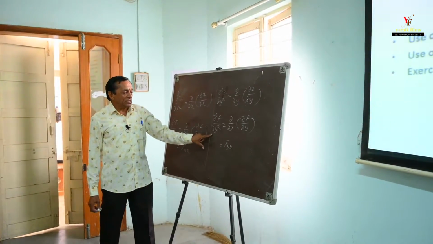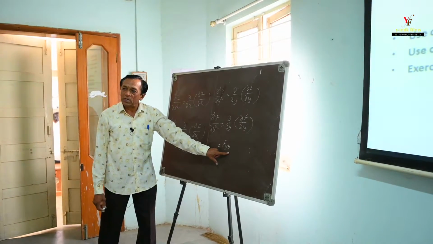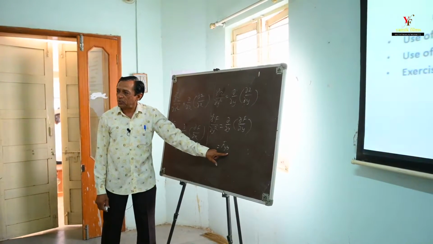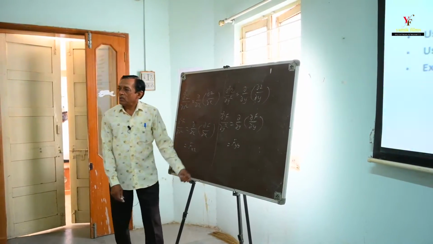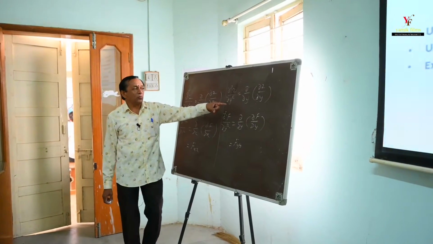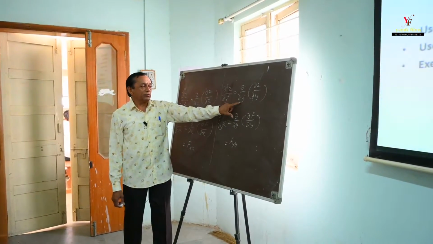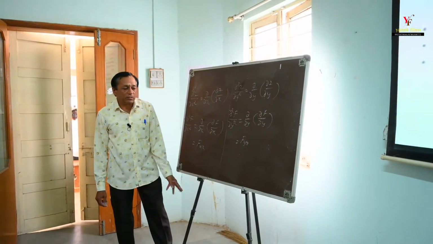Delta square f by delta y square is f yy. This is the second partial derivative. We have given a function f of x, y, where x and y are independent variables and z is a dependent variable. From the first partial derivatives, we obtain the second partial derivatives.